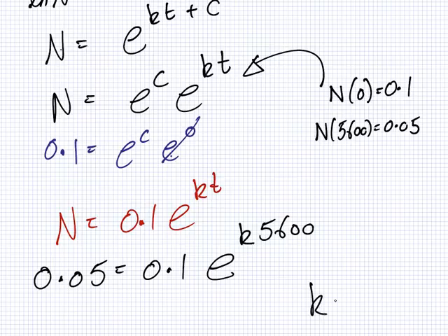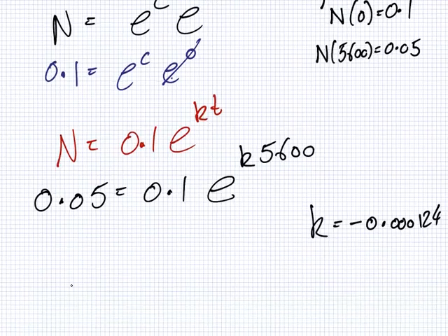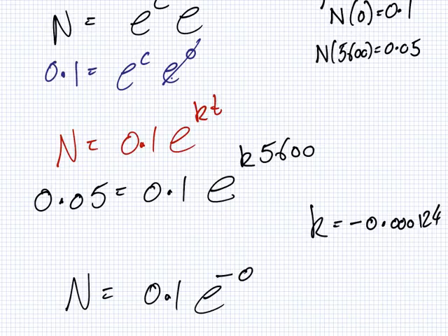k equals minus 0.000124. So I get N equals 0.1 e to the minus 0.000124 t.